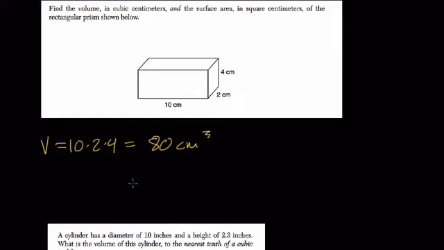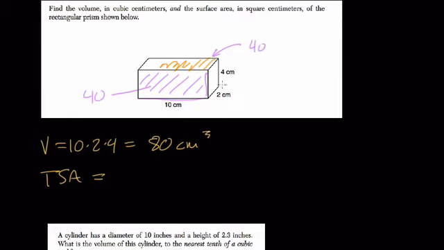cubic centimeters. The TSA, the total surface area, that's just going to be the area of all the faces added up. This face on the front is what? Well, it's 10 by 4, or 40. So that's 40. And then the same on the back there, it's 40. On top here, this is 10 by 2, or 20.